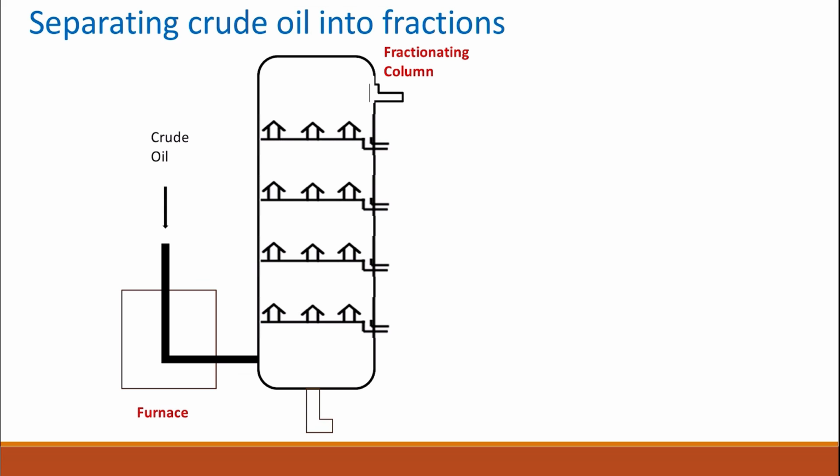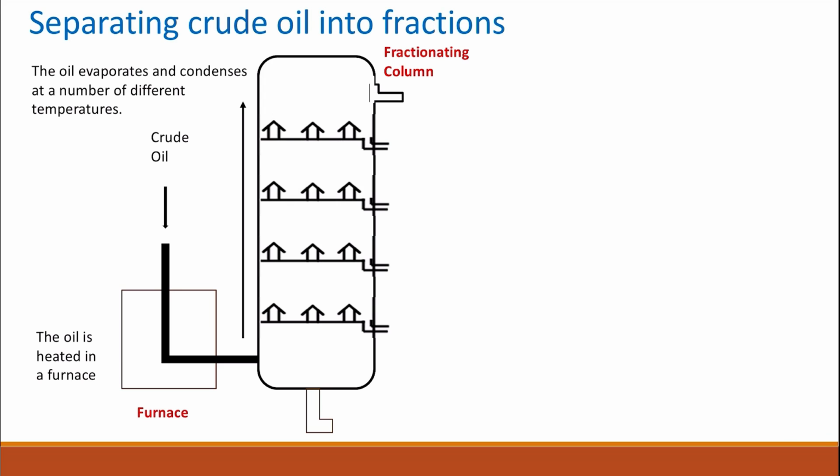The crude oil is fed into the furnace where it's heated to a very high temperature, and then the different components within the crude oil will start to boil, and they will go through the fractionating column. In the fractionating column, the oil will evaporate and condense at a number of different temperatures, because the fractionating column has different temperatures, and the temperature will be less as we go up in the fractionating column.